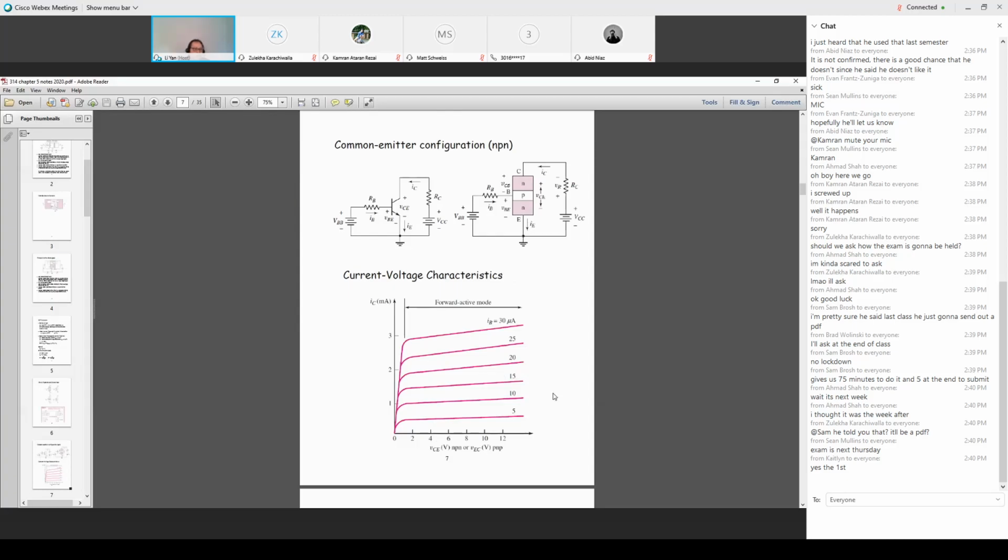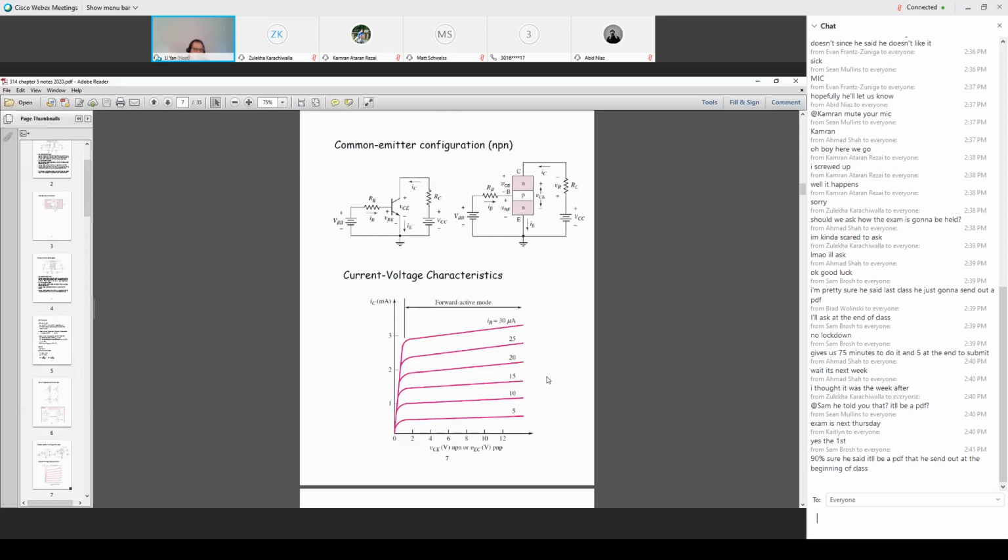The left illustrates the full circuit connection. You use one NPN transistor, two resistors, RB on the left and RC on the right, and two power supply voltages. One is on the base side, called VBB. The other is connected to the collector side, VCC.